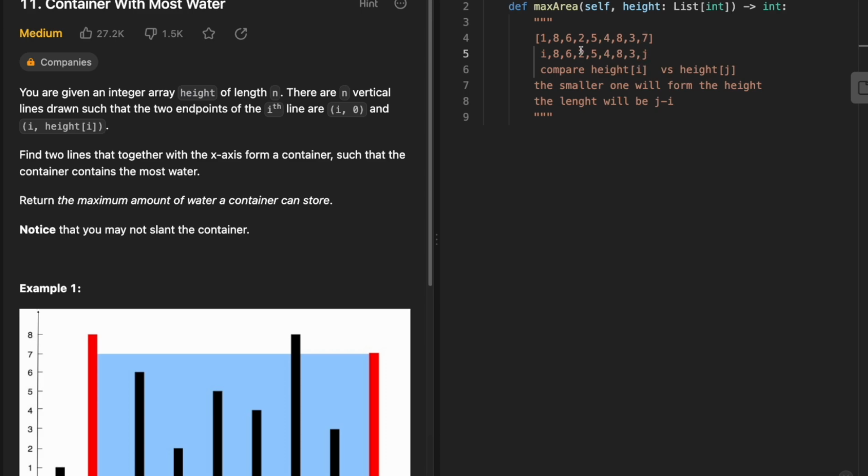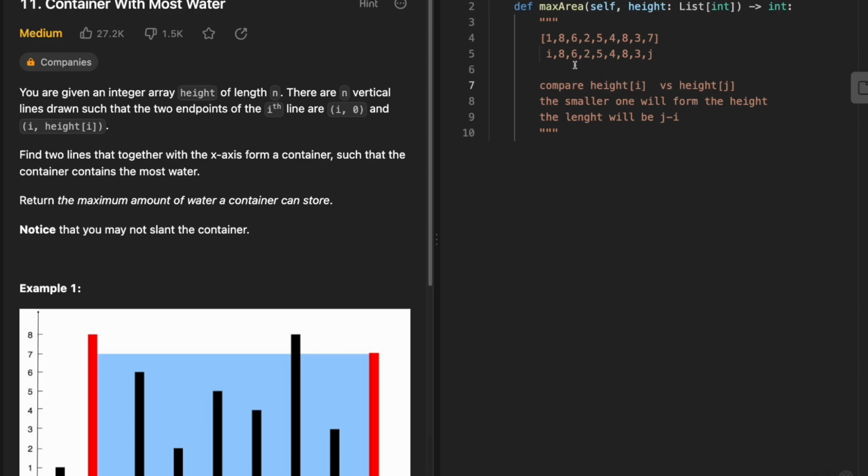We want to move i in. We want to find out all different combinations that this array is able to yield. And then we have the length, and then the area.